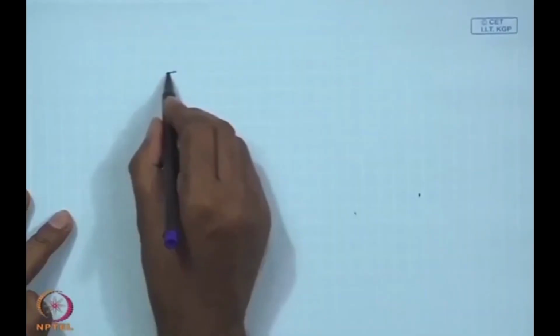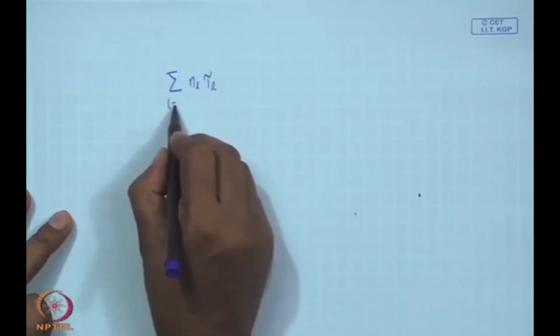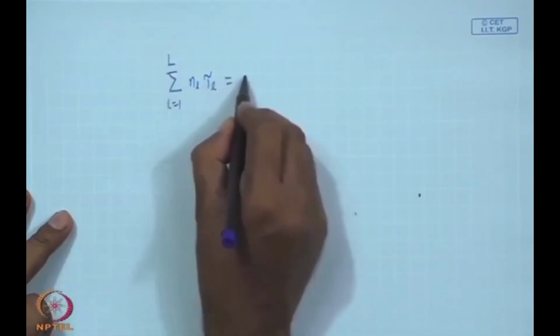I think you can prove the second one also. What about the first one? Why is it 0? What I mean to say is, we are saying that the sum total of N L tau L, L equal to 1 to capital L, this is 0.